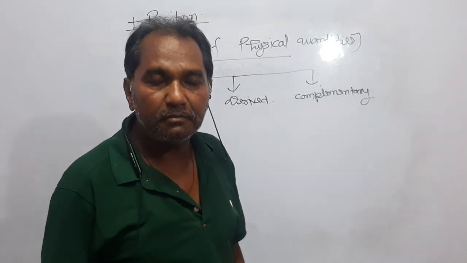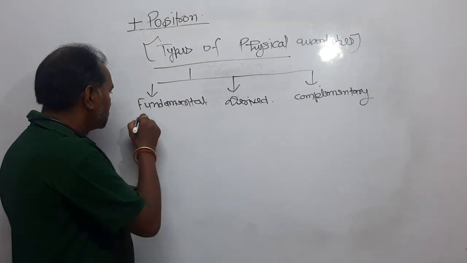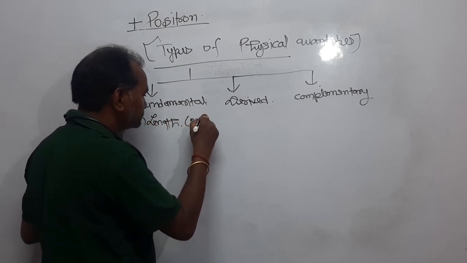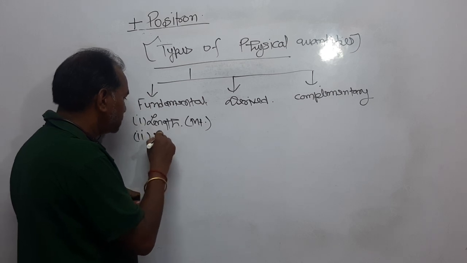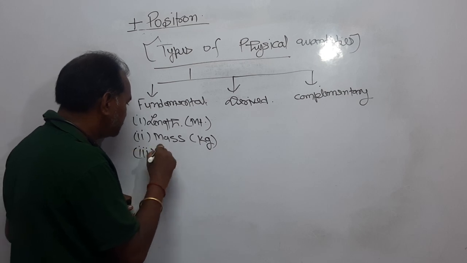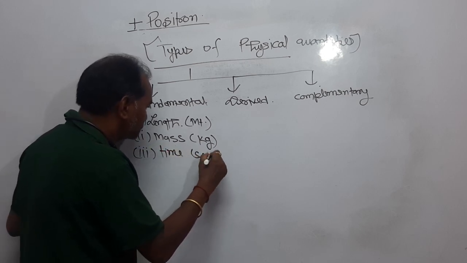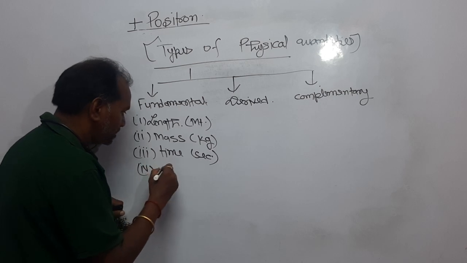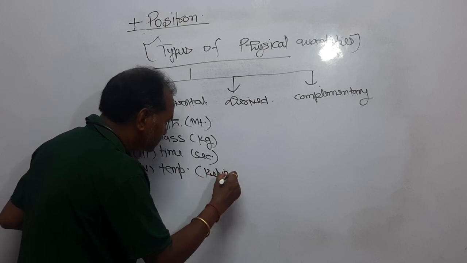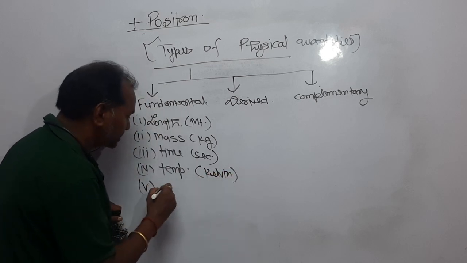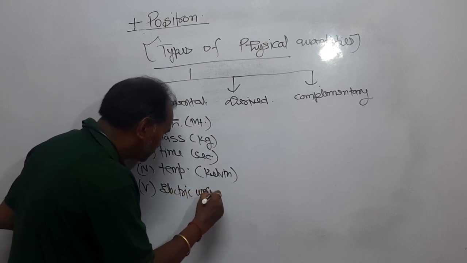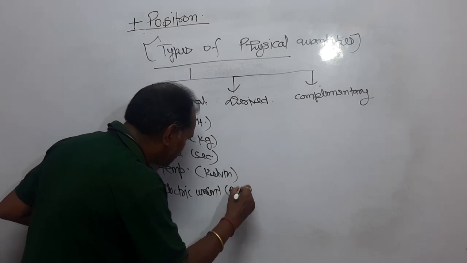Fundamental quantities are seven in number. One is length, its SI unit is meter. Second one is mass, SI unit is kg. Third one is time, SI unit is second. Fourth one is temperature, its SI unit is Kelvin. Fifth one is electric current, SI unit is ampere.